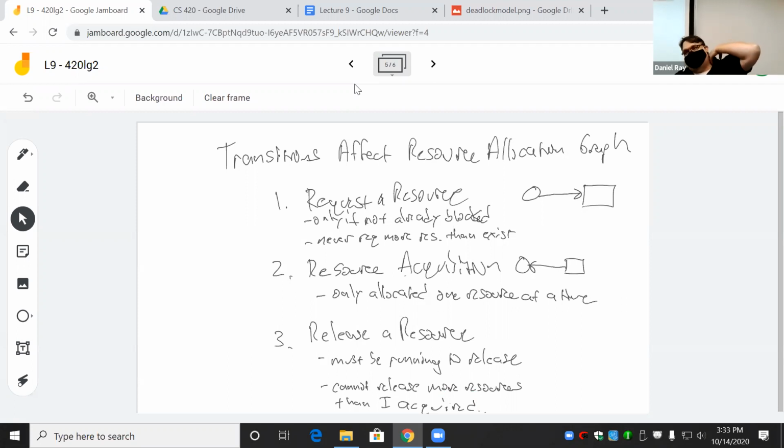Because the simple versions of deadlock are simple. If you are limited to only a handful of processes and only a handful of resources, then it's fairly easy to check to see if there's a deadlock.